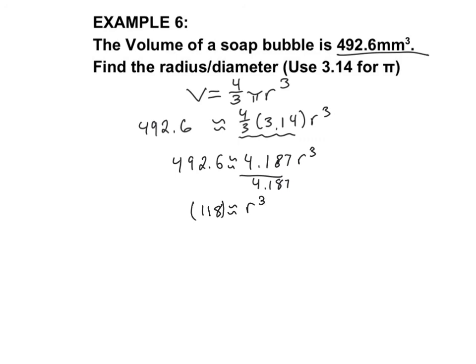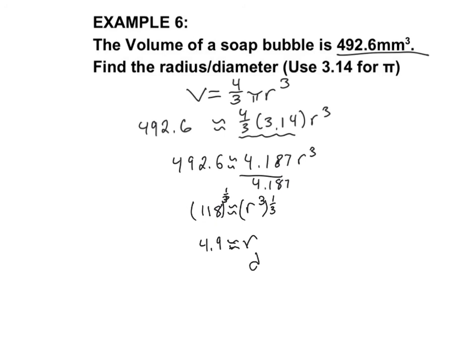Then we take the 3rd root to solve, so raise both to the 1/3, and we get r approximately equal to 4.9. You'll have to do the cube root of 118 in a calculator.